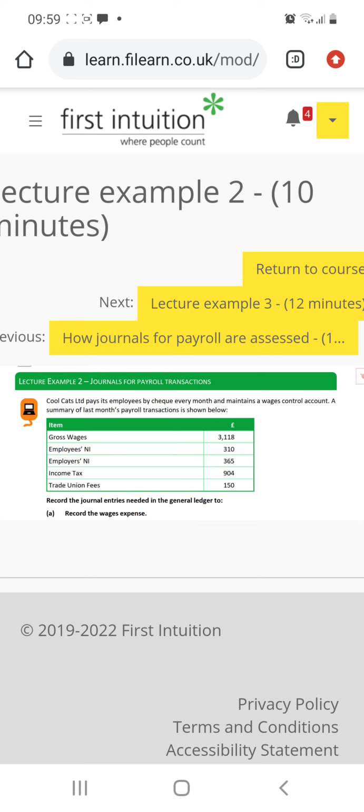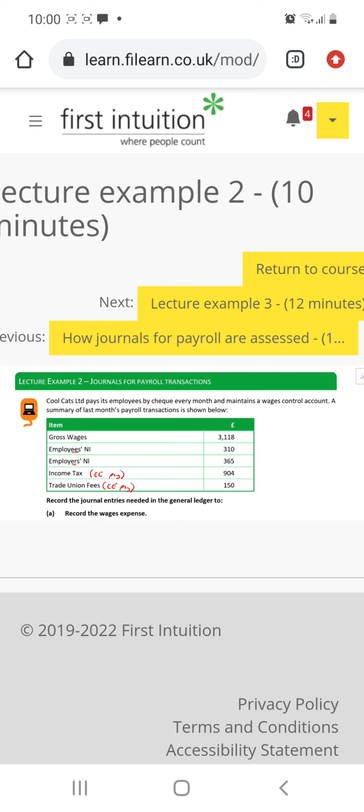So we've got Cool Cats Limited, which pays its employees by cheque every month and maintains a wages control account. A summary of last month's payroll transactions is shown below. We have the gross wages, employees' national insurance, employers' national insurance, income tax, which the employee will need to pay, and the trade union fees, which again we will take off them to pay.